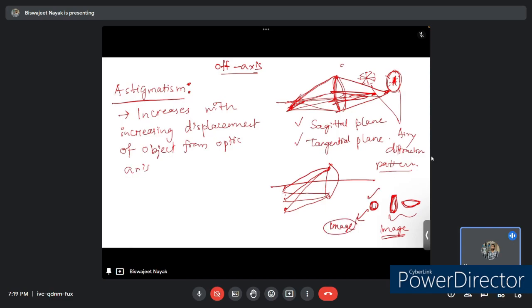Otherwise it is having this problem. And as I've already told you, we use cylindrical lenses in our eye to correct this, or normally a stigmator is used to solve this problem.